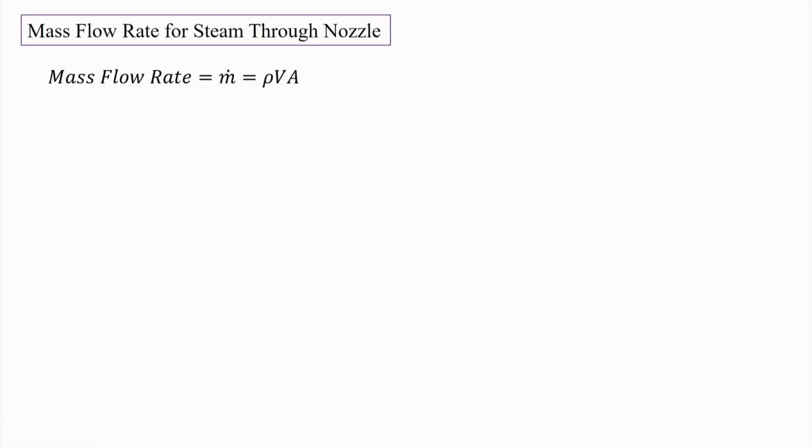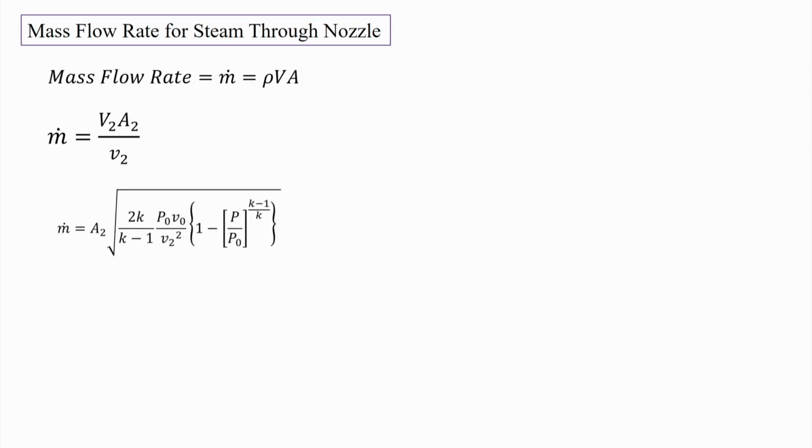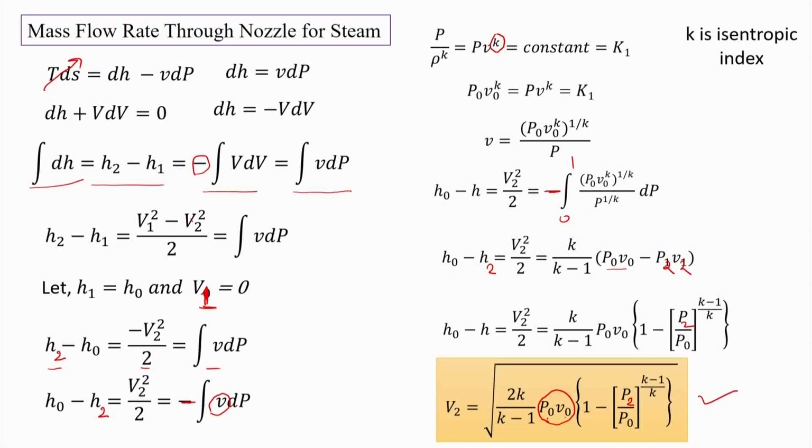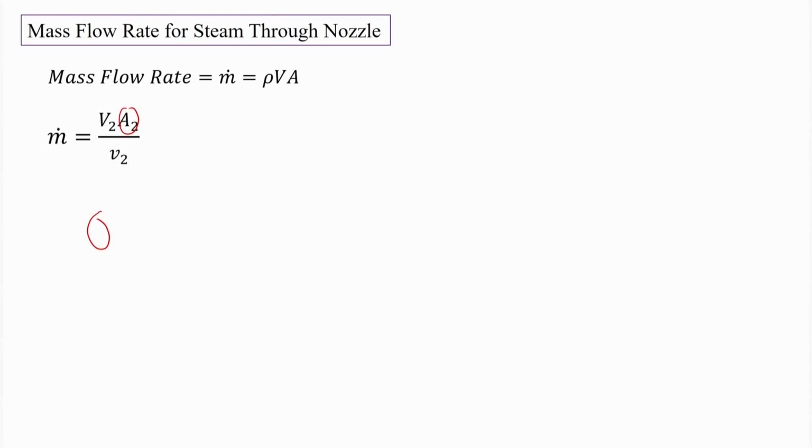So we will continue with the mass flow rate formula. M dot is equal to rho A V, so M dot is equal to rho 2 A2 into V2. We have just now derived a formula for V2, and we can write it as A2 into V2, the same V2 we wrote in the last slide.